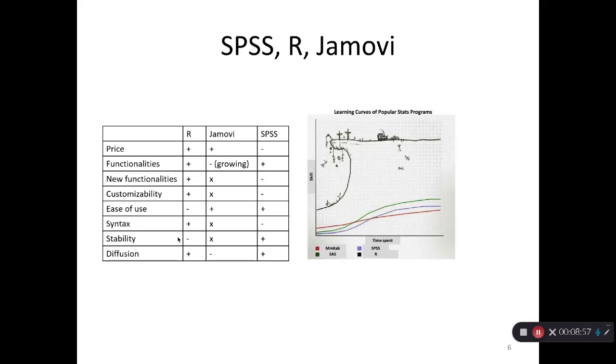I have an anecdote, something that happened to me. I had this paper under review, and at some point I reran the analysis, and they were different. Together with Sasha Epskamp, who was my co-author in this paper, we spent the whole night trying to figure out what happened, and the difference was because one package was updated.